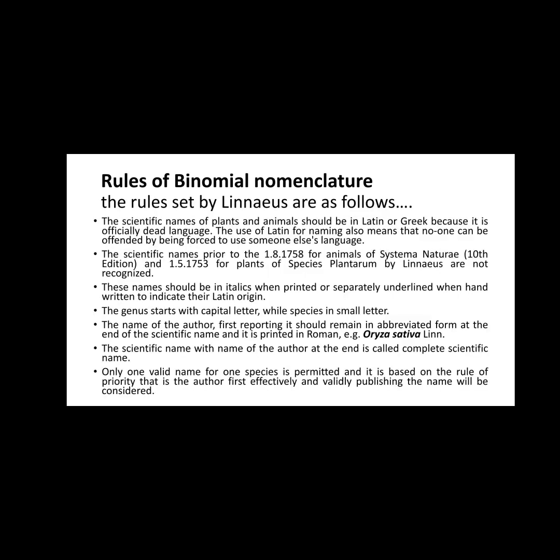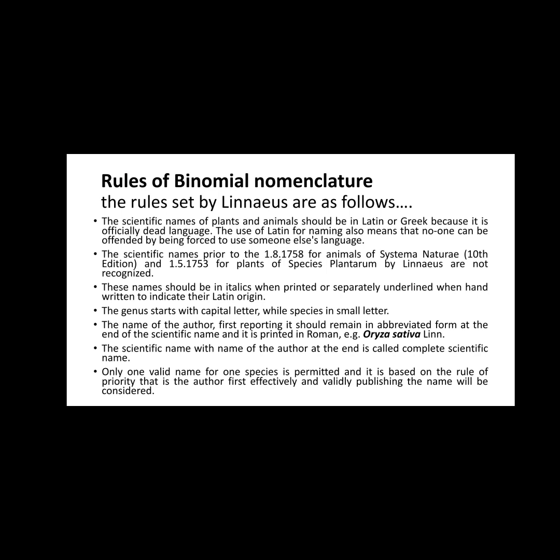There are some rules which were set by Linnaeus, which are as follows. The scientific name of plant and animal should be in Latin because these languages are officially dead. They are not used by anyone else now. So he said that you should name a plant or animal in Latin or Greek language.